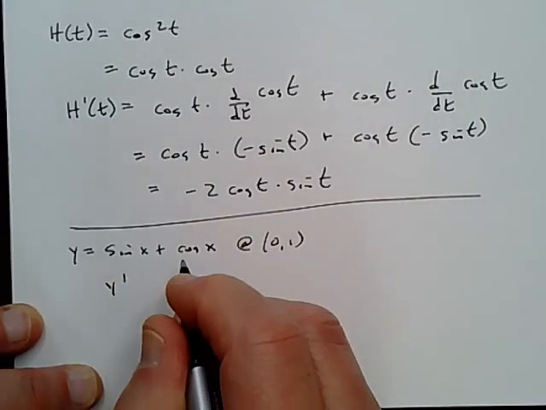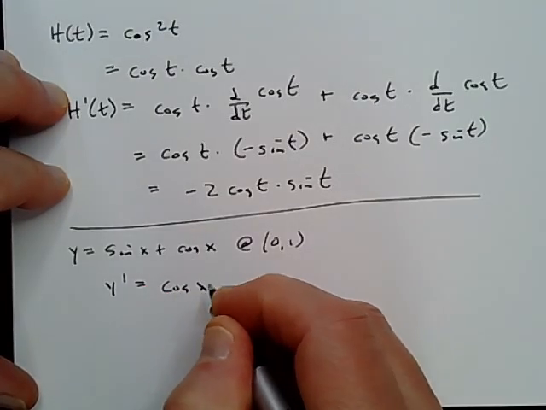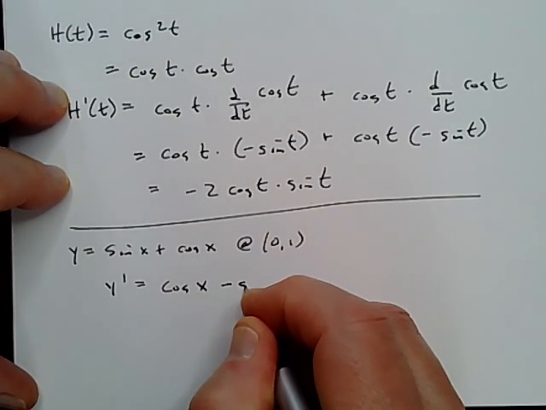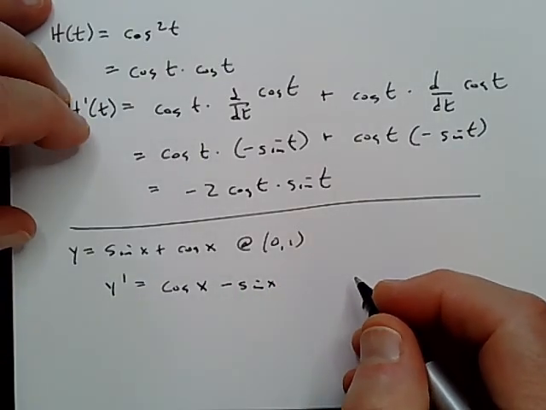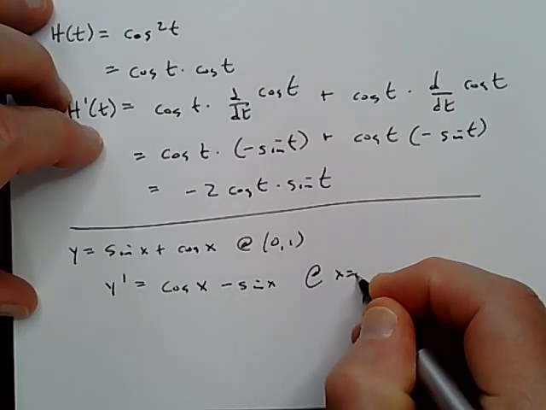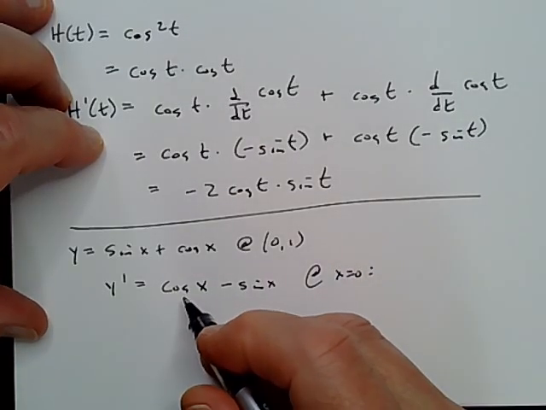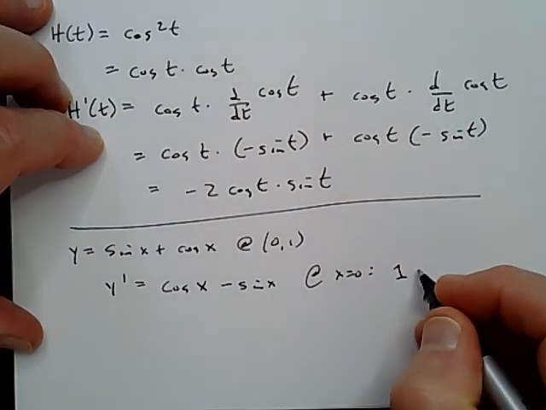So y prime: the derivative of sine is cosine x. The derivative of cosine x is minus the sine. Okay, plug in 0. The cosine at 0 gives you a 1. Sine at 0 gives you a 0.